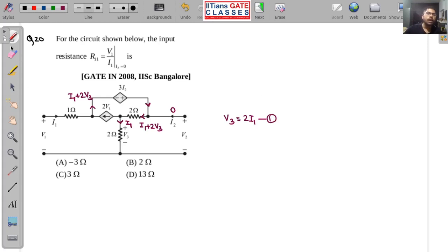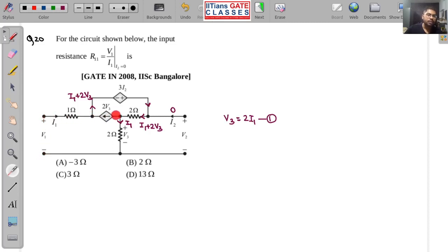Now what I need is a KVL. KVL in which of the loop? I will be starting my KVL from this point. This point I will be going, then I will be shifting here, then here, and again back to my same point. Again I am showing, I will be starting from here, then to here, then here.